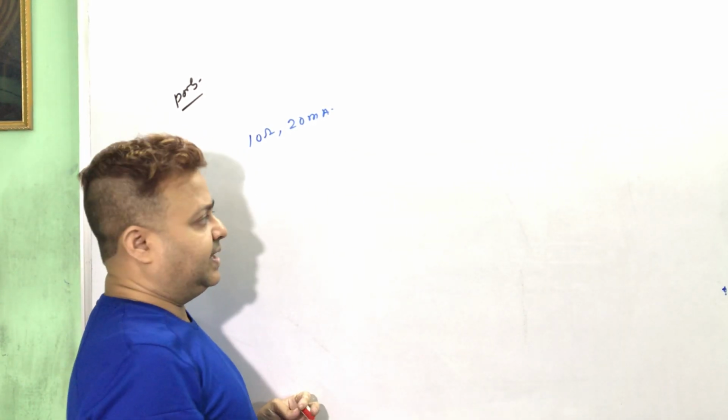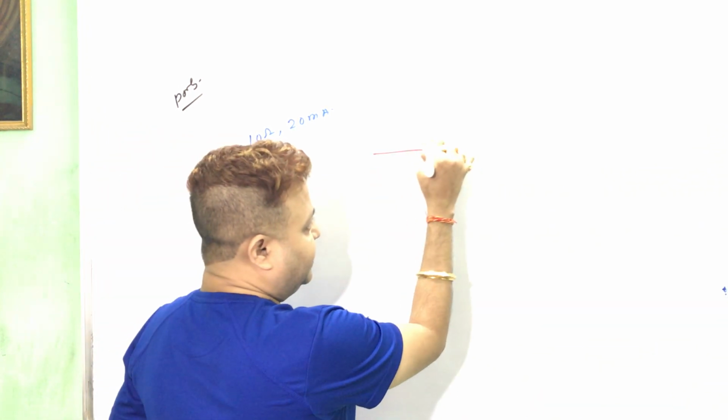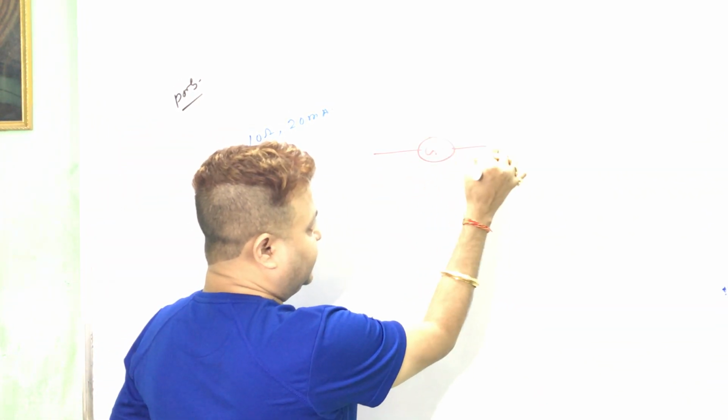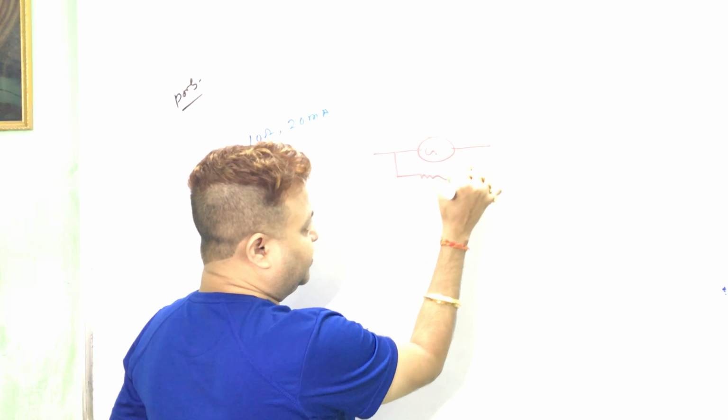For the ammeter circuit, you have to connect a small value of resistance, which is known as a shunt.